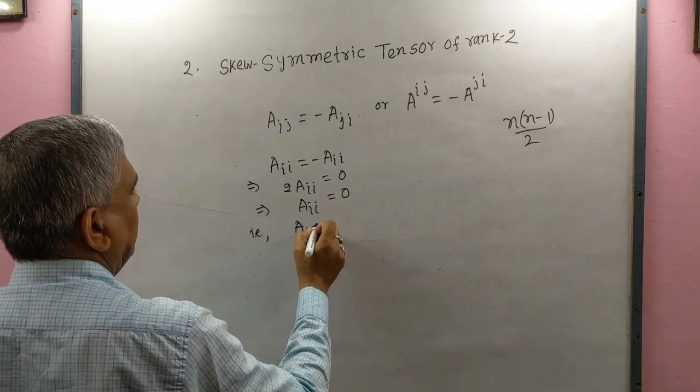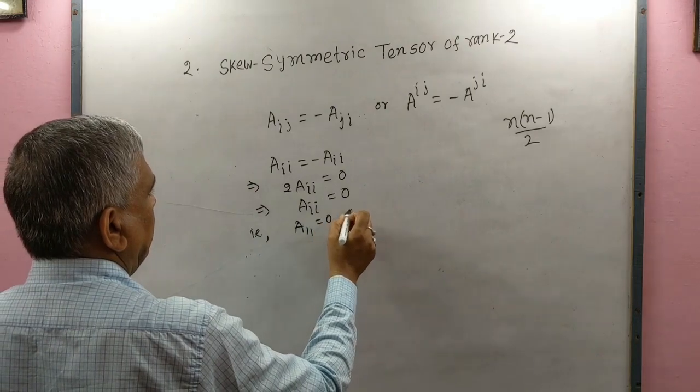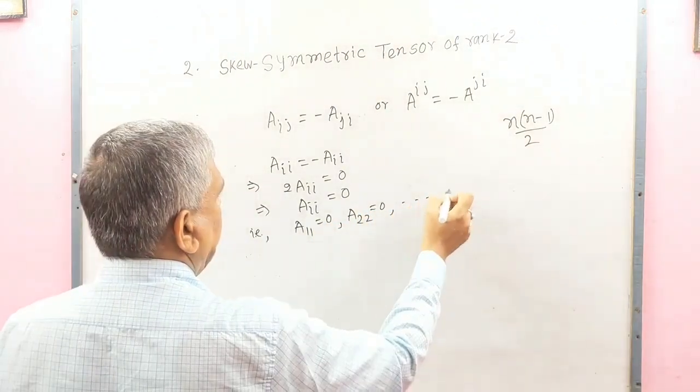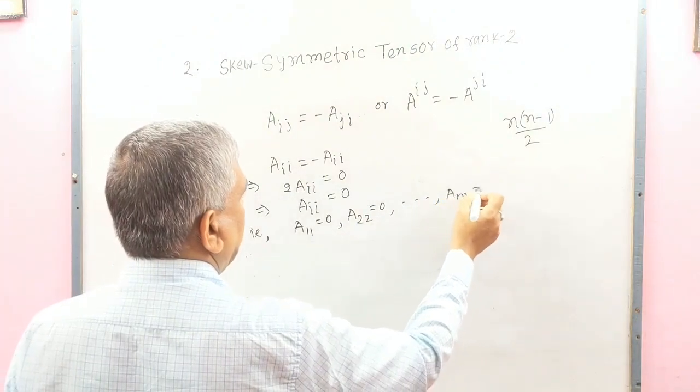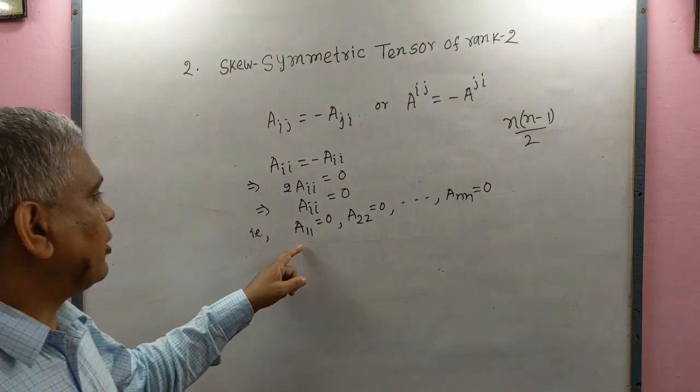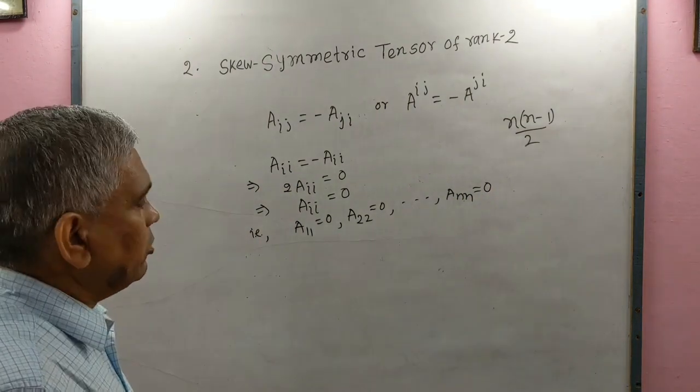That is, A11 equals 0, A22 equals 0 and Ann equals 0. That means all diagonal components are 0.